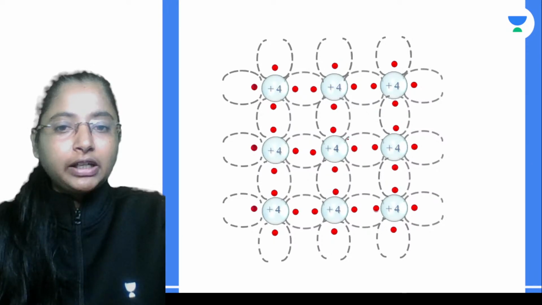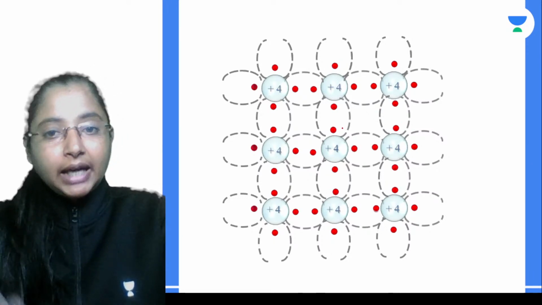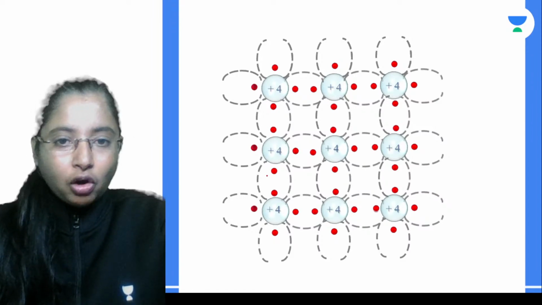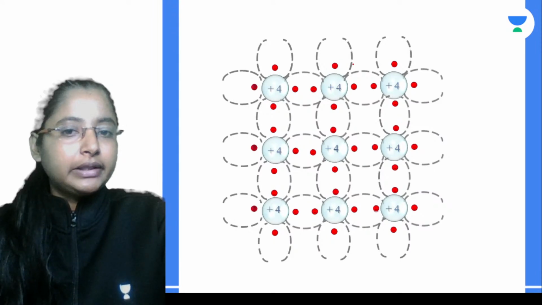Tetra means 4, so they form tetrahedral covalent bonds with their neighboring 4 atoms. Very simple. Under normal conditions, this is how the crystal lattice looks.